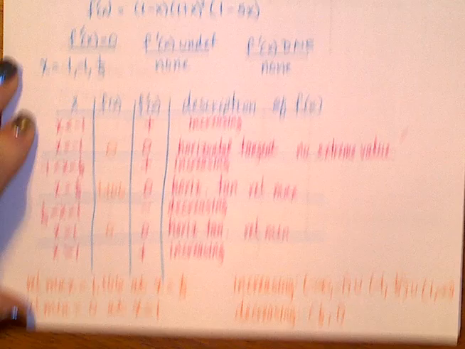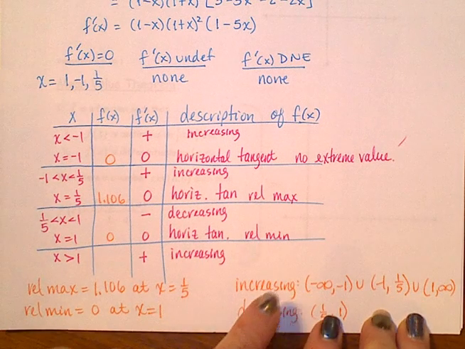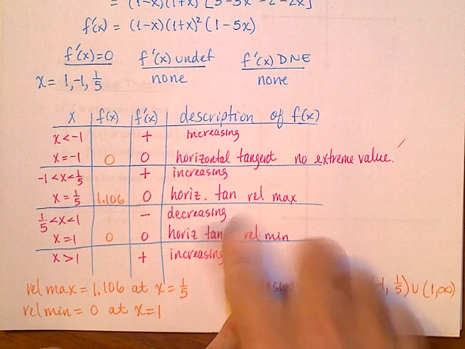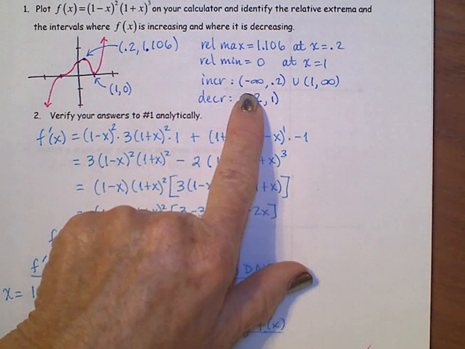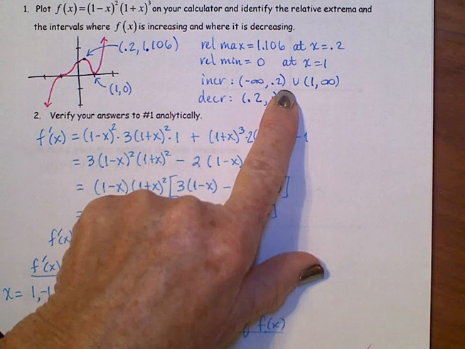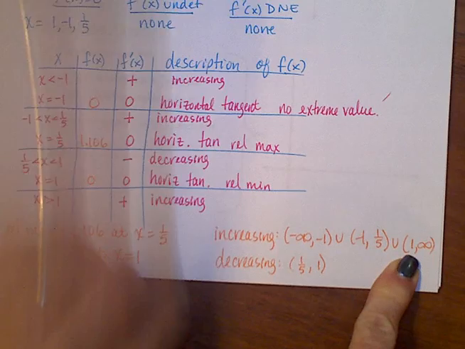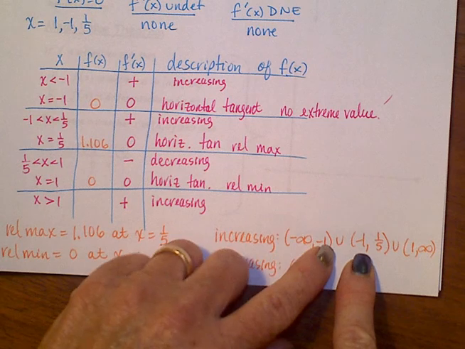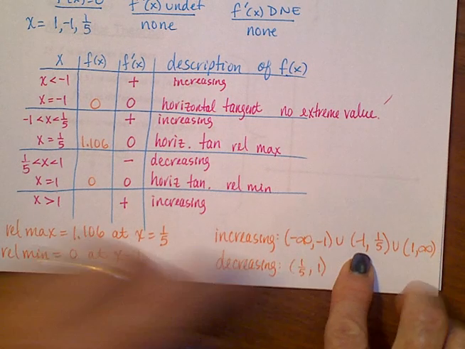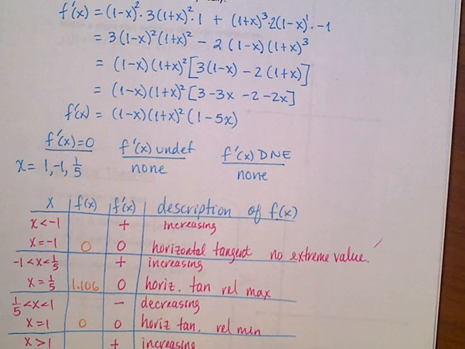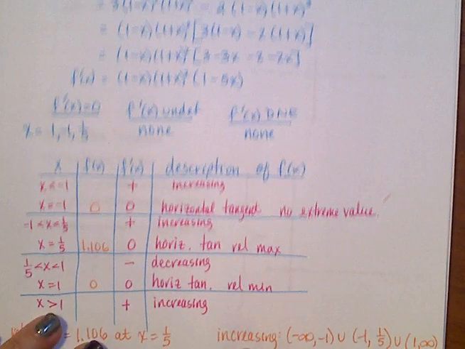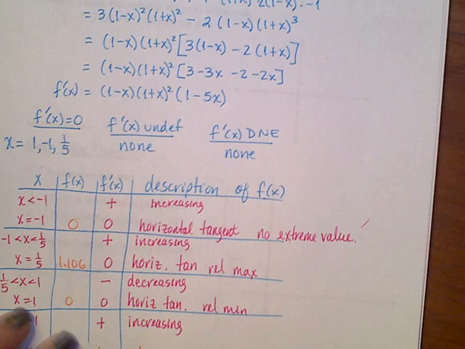Okay, there's a discrepancy here between this chart that we did right here and the increasing intervals that we came up with over here. This one only had 2 intervals: from negative infinity all the way up to 0.2 and then 1 to infinity. This one we split right here at negative 1. And when this happens, you need to think about this. This function does increase from negative infinity all the way up to 1/5.